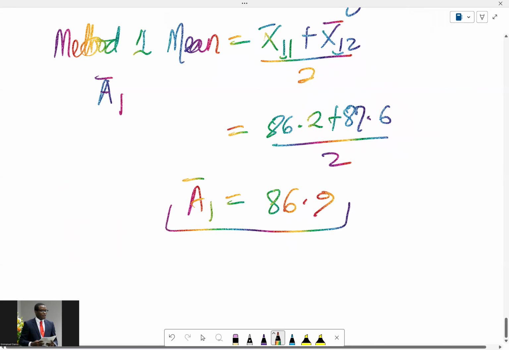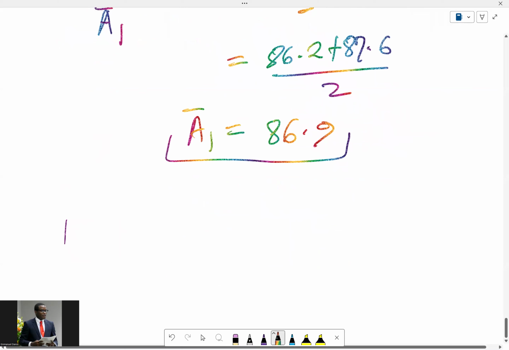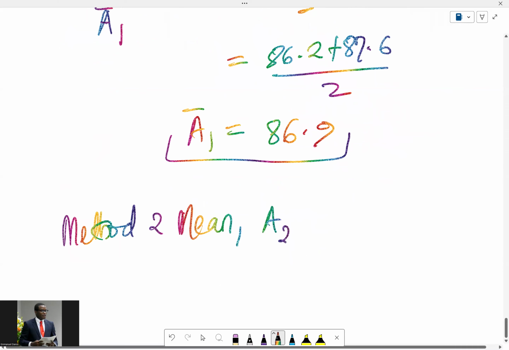That's 86.9 for method one. So that's factor A. Now for method two, the method two mean, which I can call A2 bar.